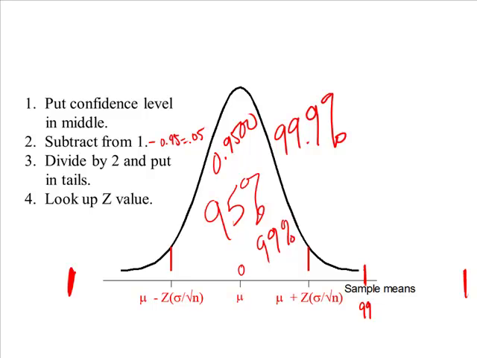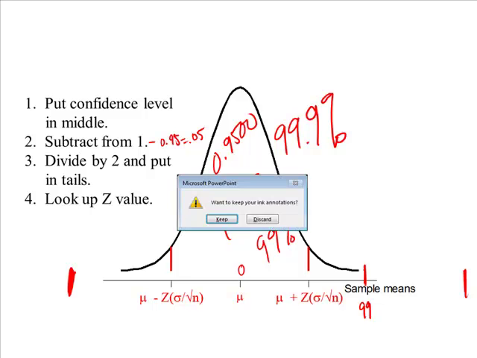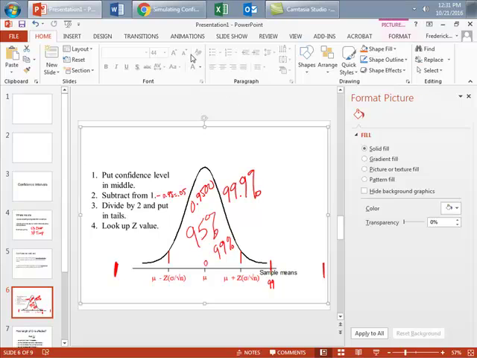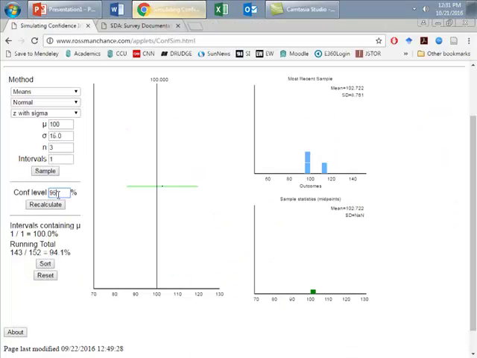What does it effectively turn into if we're guessing a number? If we're going back to the IQ example, if we're guessing a score, and we want 99.9% confidence.